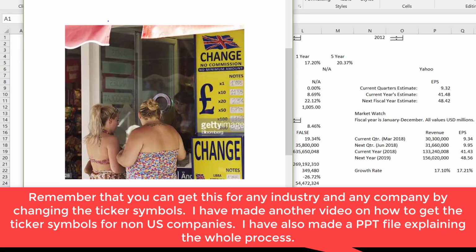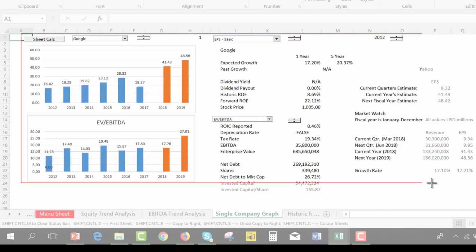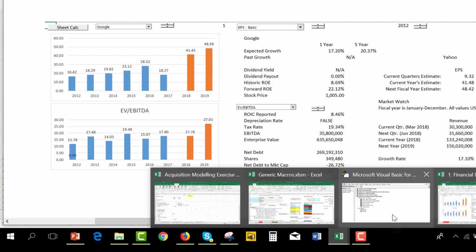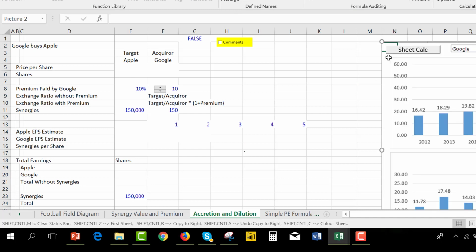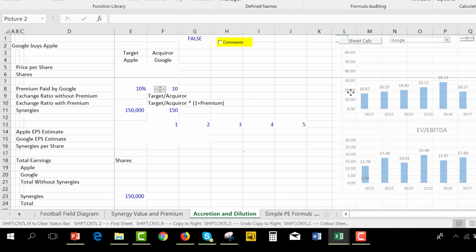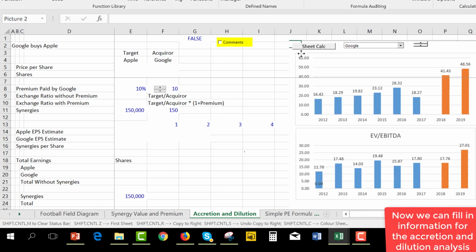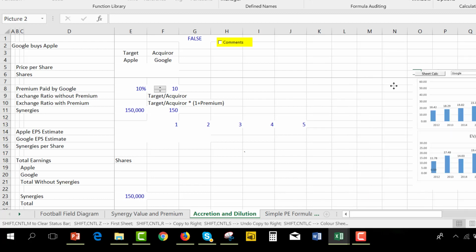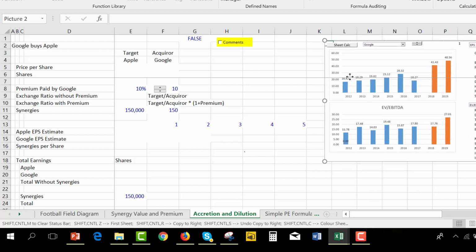Oops, there's my Exchange thing. Let's copy this and paste it into our little thing here, and there's our acquiring company. Oops, I should have moved it there, shouldn't I have? Okay, and now I'm going to do the same sort of thing with Apple.